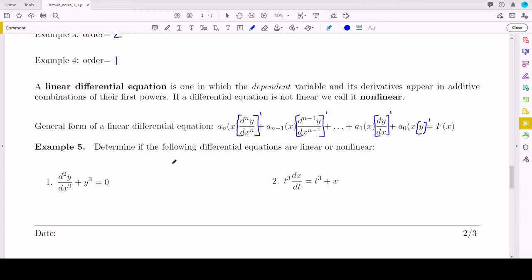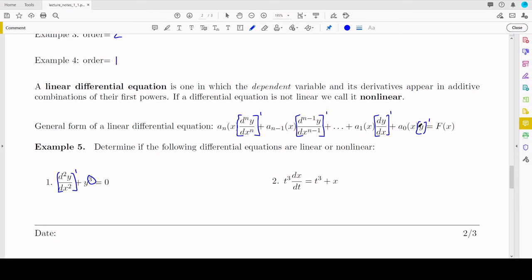So if we look at this first example of a differential equation, we look at the second derivative of y to the first power, but then we see y to the power 3. That's not to the first power, right?